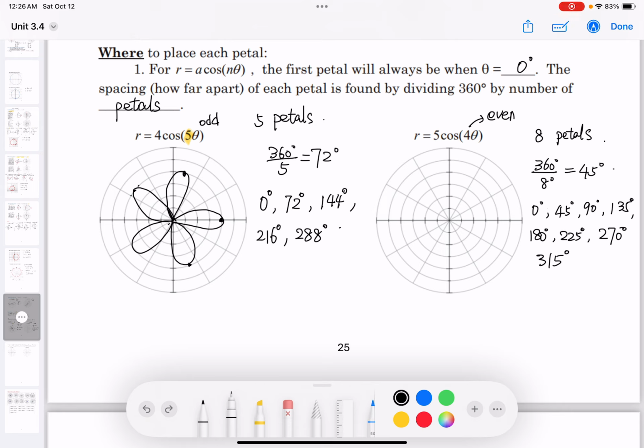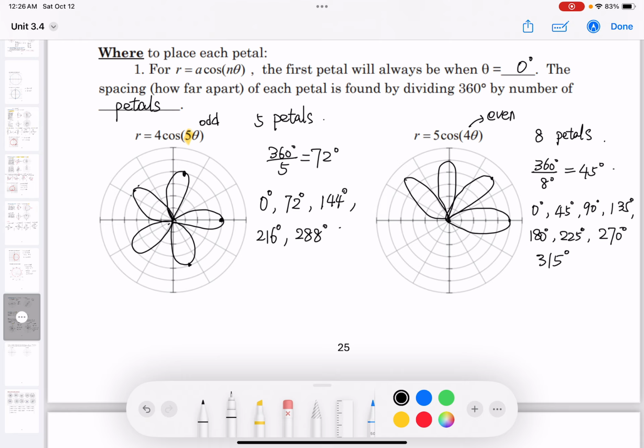We can start to graph it. And we always start from angle 0 because this is cosine. So a is equal to 5. That means from the pole, 1, 2, 3, 4, 5 to here, the tip of my flower, the petal is 5. And the second angle is 45, it is here. So we can graph it. The third point is 90, so we can do 90. And the 135, let me see if we have 1, 2, 3, 4, 5.